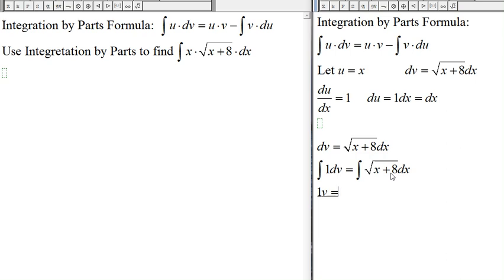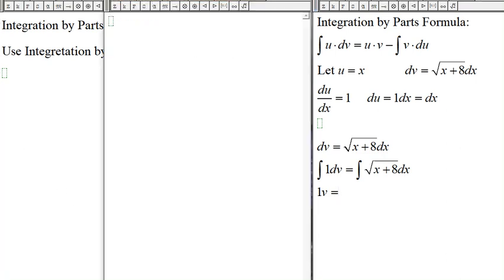And then to find this integral, we can use the u substitution method. For this integral right here, we just let u, no, this u is not the same as this u. This u is for this problem.